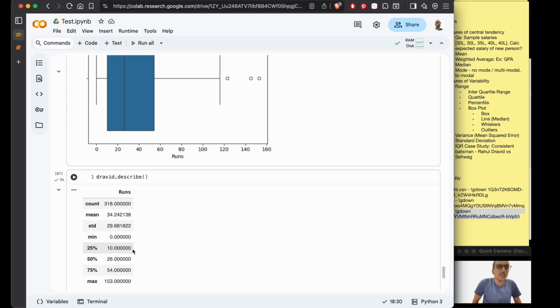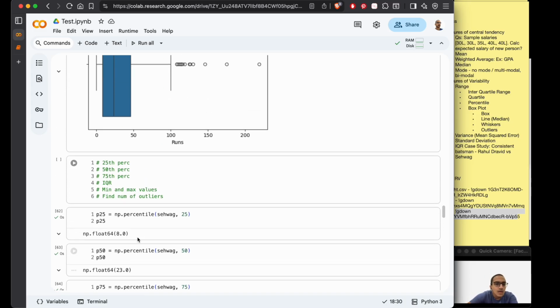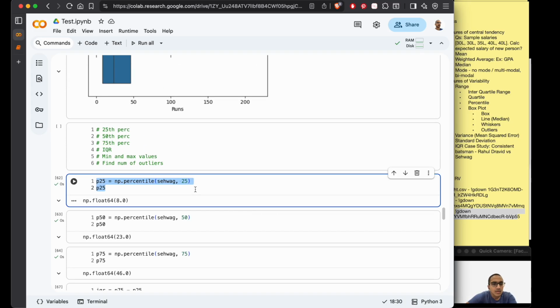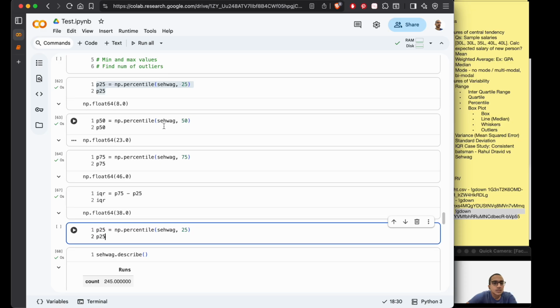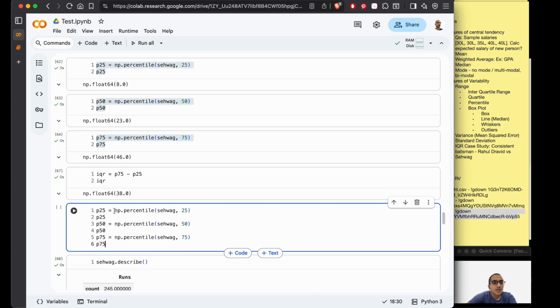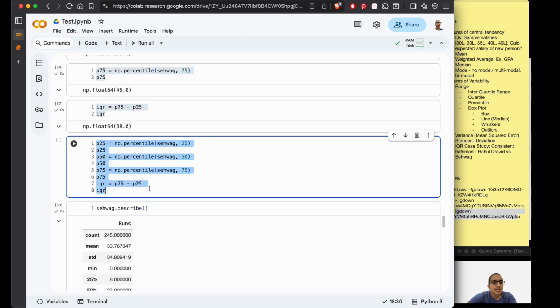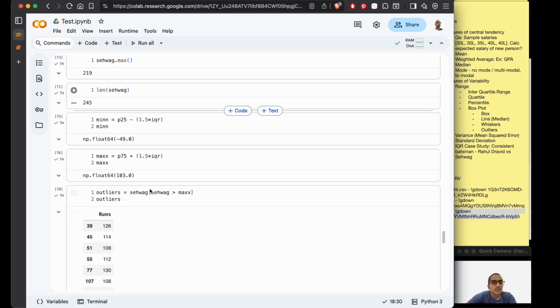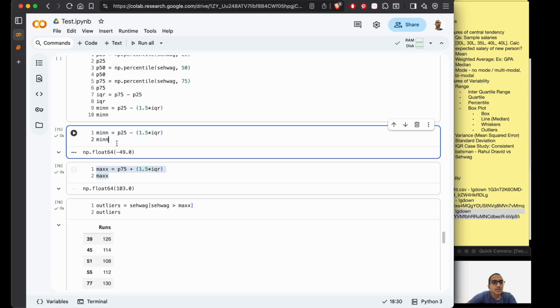Let's follow the exact same procedures. I'm not going to go through all that. We will follow these same steps. P75, IQR. So then we will do a min and a max.